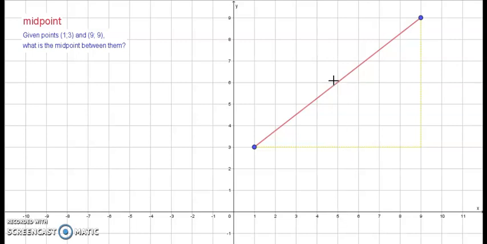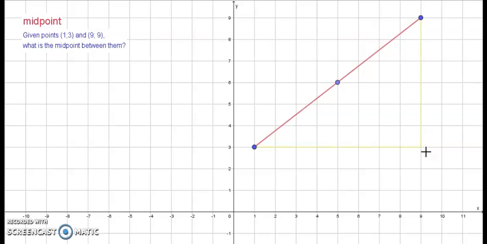So my midpoint will have coordinates (5, 6), because that's halfway. Or another way that we could think about it, and this is a useful way to think about it, is that my midpoint is going to have an x-coordinate that is the average of my 2 points' x-coordinates, because that'll be exactly halfway between these 2 guys in terms of the horizontal component of the line.